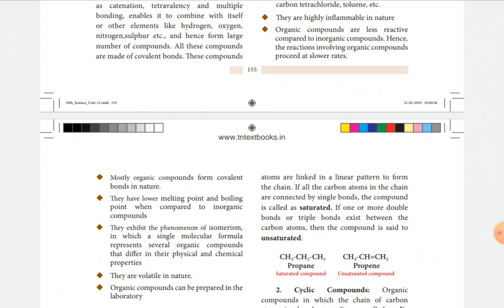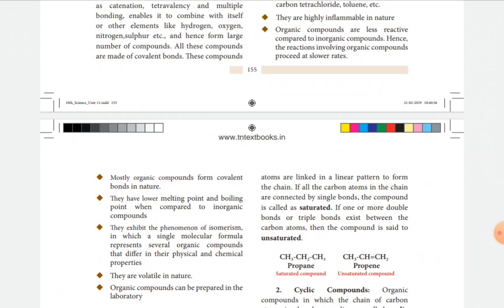There are different types of bond. You have learned in 9th standard: ionic bond or electrovalent bond, covalent bond, metallic bond, and coordinate covalent bond. Covalent bonds are formed with the sharing of electrons from their valence shell between the combining atoms.